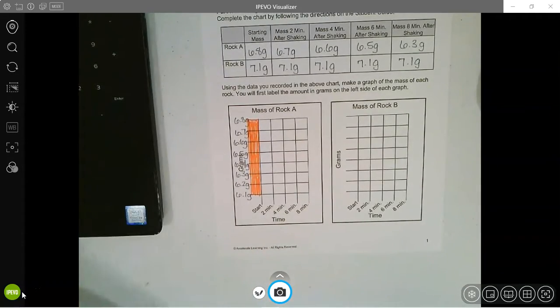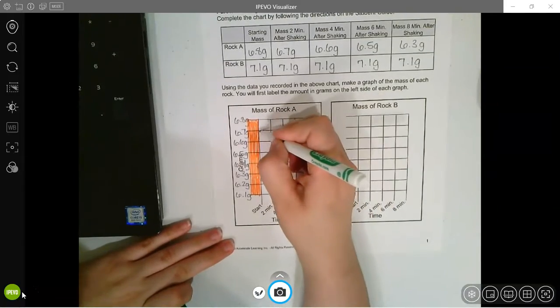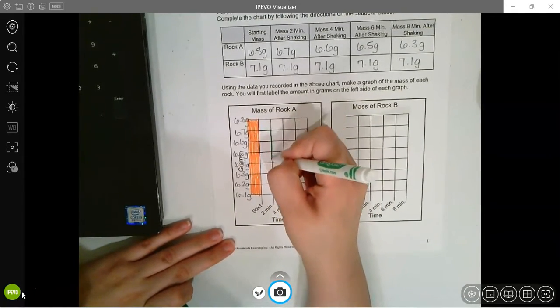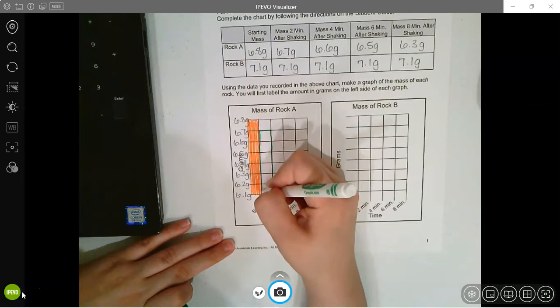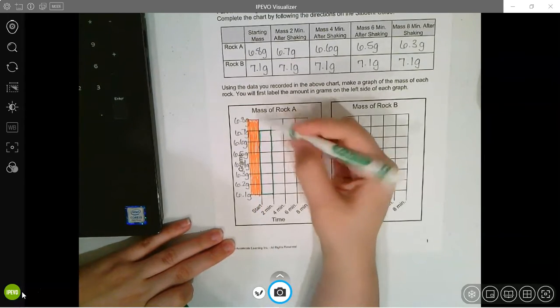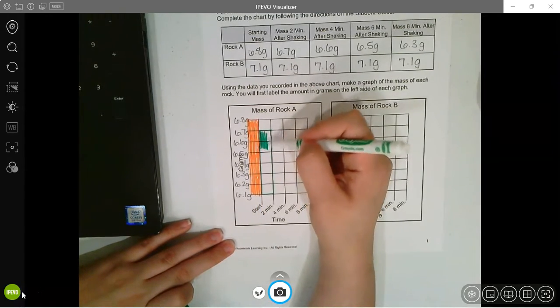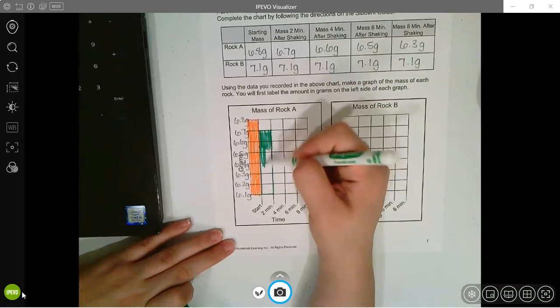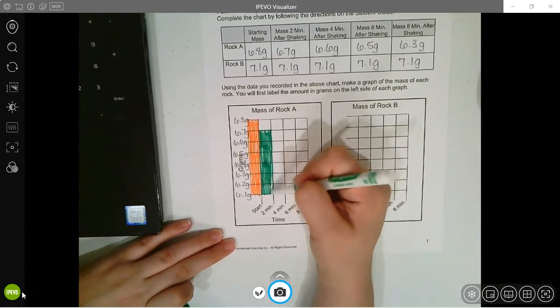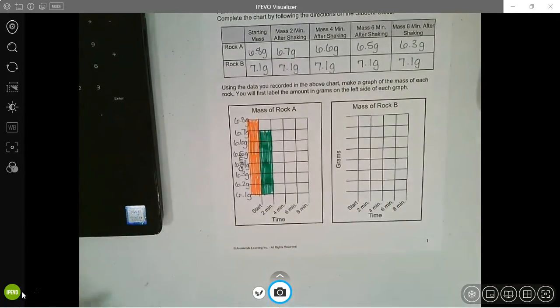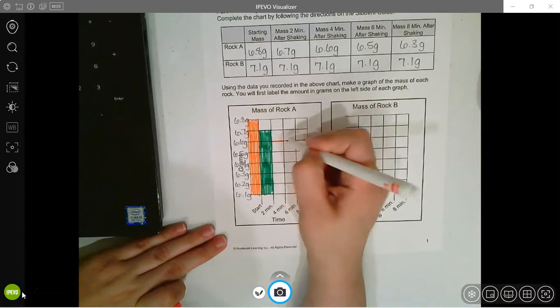Okay, and then after 2 minutes, it went down to 6.7. After 4 minutes, it went down to 6.6.